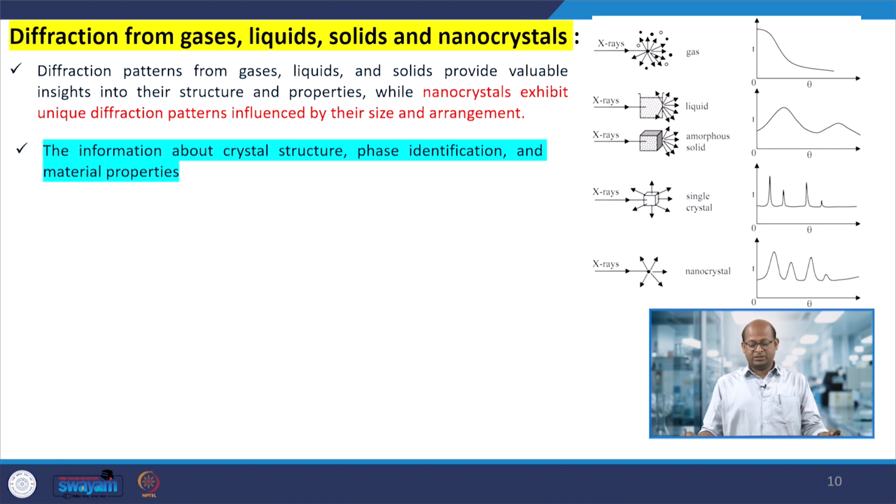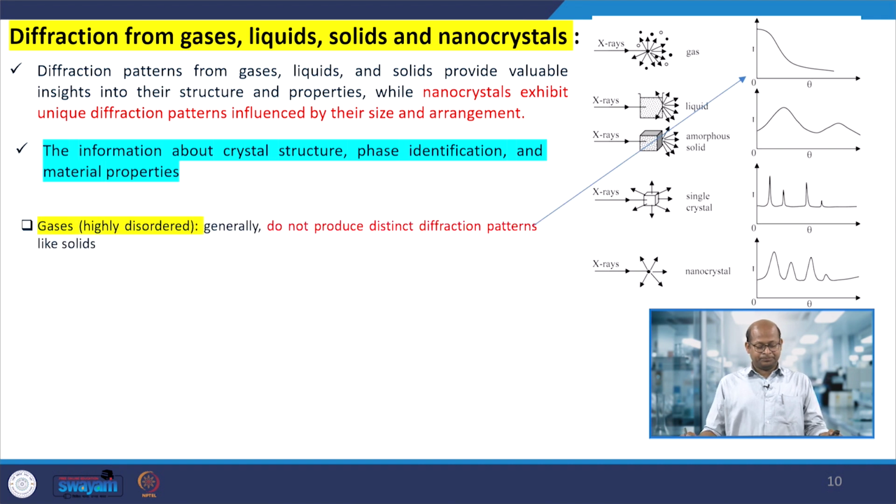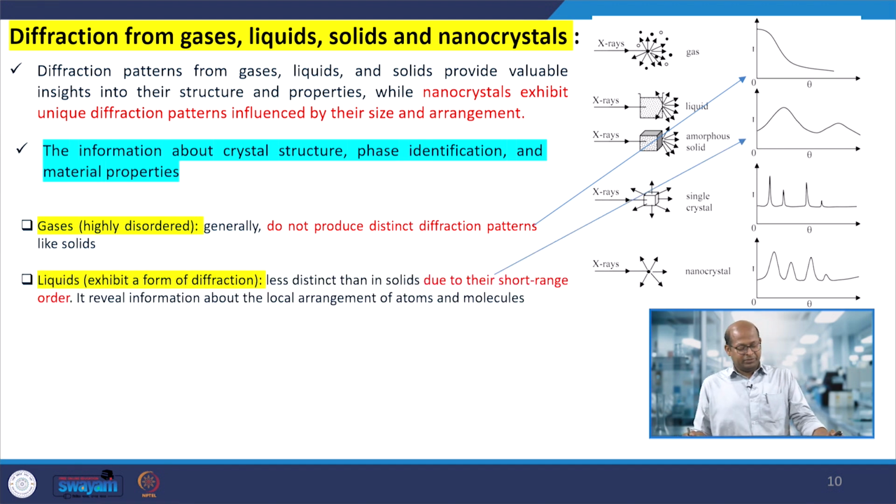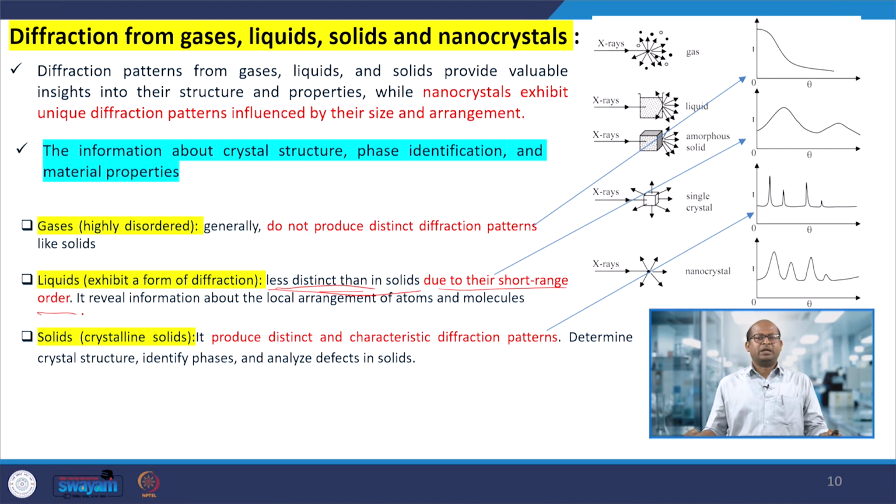Gases do not produce any distinct diffraction patterns like solids, nanomaterials or amorphous materials. Liquids exhibit a form of diffraction that is less distinct than solids due to their short range order. When we have solid materials, they produce a distinct set of characteristic diffraction patterns, from which we can get different crystal structures or crystalline planes.